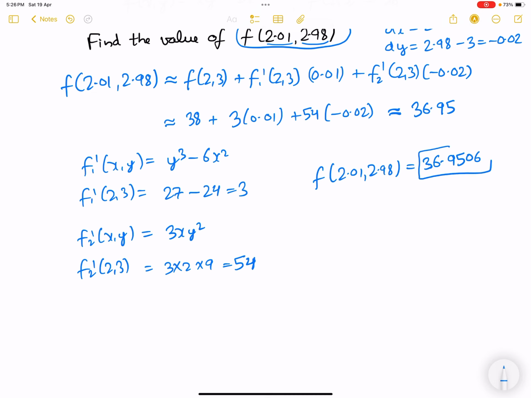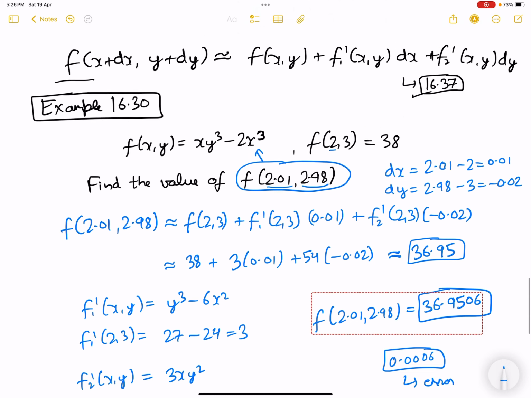So the actual change is this, but we are getting this estimated value, and the gap is 0.0006, and this accounts for the error in estimation. Okay, I hope this is clear.